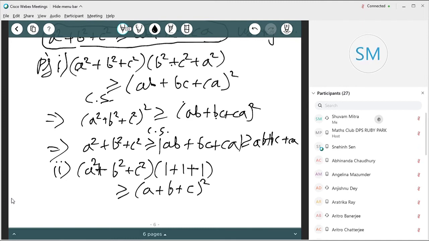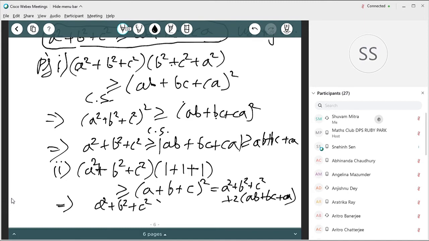So then using some basic algebra, this is equal to A square plus B square plus C square plus twice AB plus BC plus CA. So use algebra and order properties to get A square plus B square plus C square greater than or equal to AB plus BC plus CA.